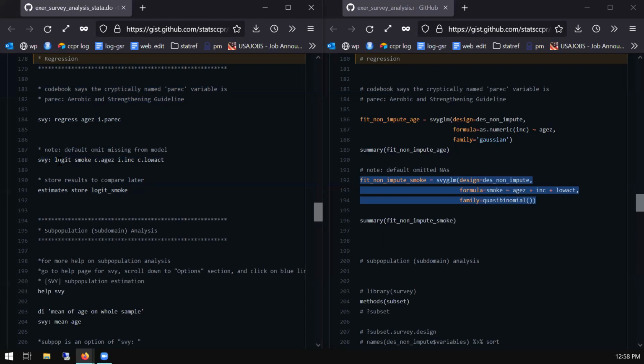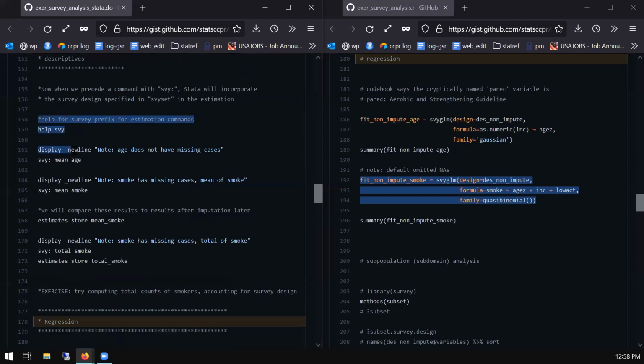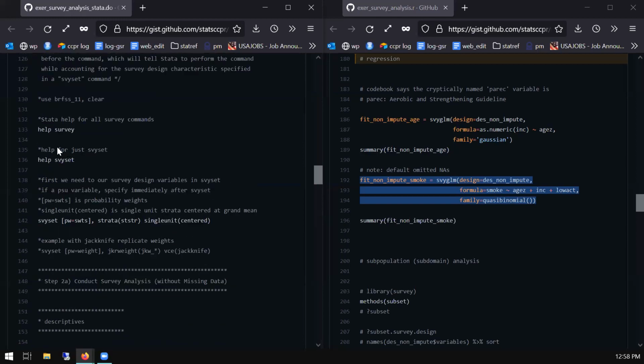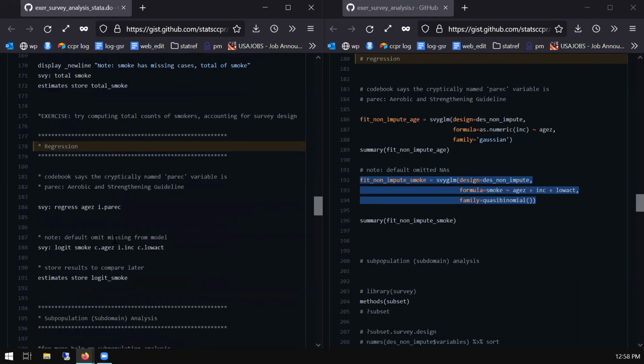One important thing is in survey analysis using Stata, you always have to prefix it with this SVY colon. That folds in the step you did earlier, right? Earlier, we told Stata what the weights are, what the strata is, because that's set up. Now, downstream, when you're computing your estimates, you're telling Stata when you fit this logistic regression, oh yeah, also incorporate the strata design and the weights.